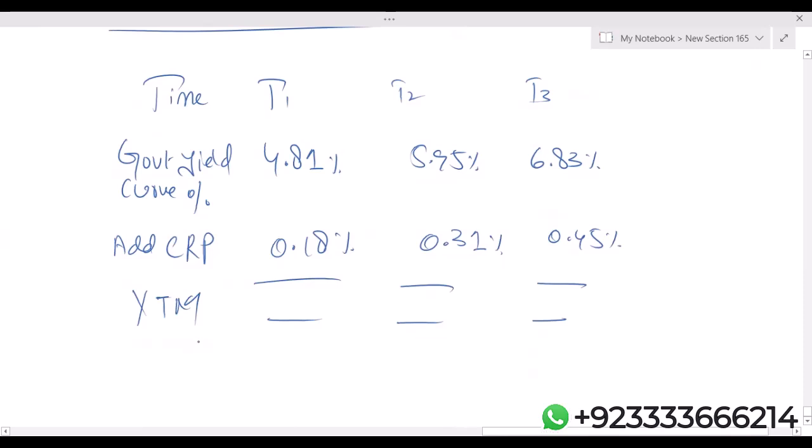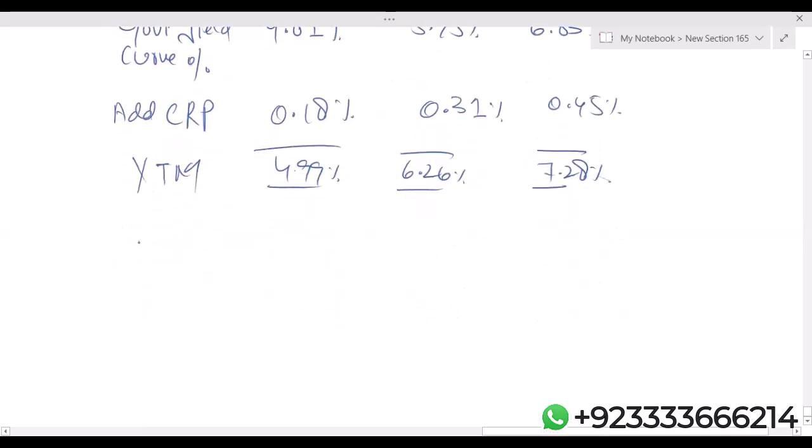YTM will be 4.99, 6.26, 7.28. Now very easily we can calculate the market value.